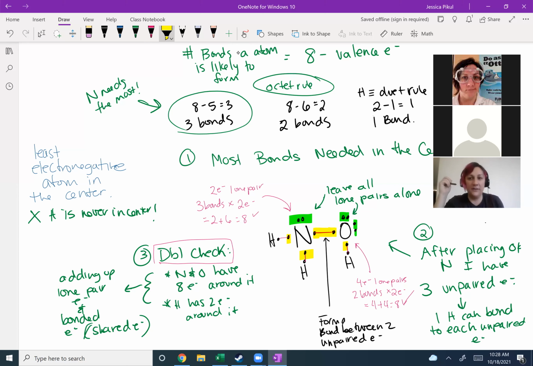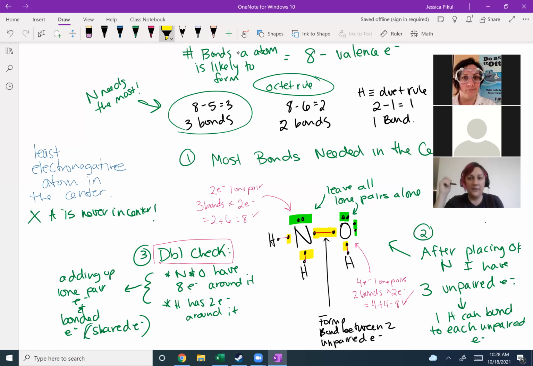That's going to equal 6 electrons. And I have 1, 2, 3, 4 bonds in the molecule. Each of those bonds has 2 electrons in it. So that's going to be 8 electrons. So 6 plus 8, I'm at 14. So that double checks too.